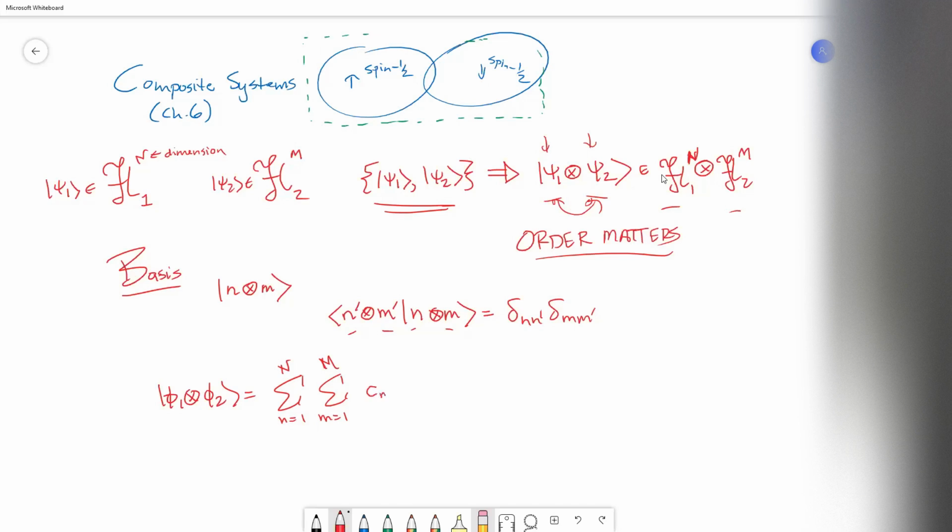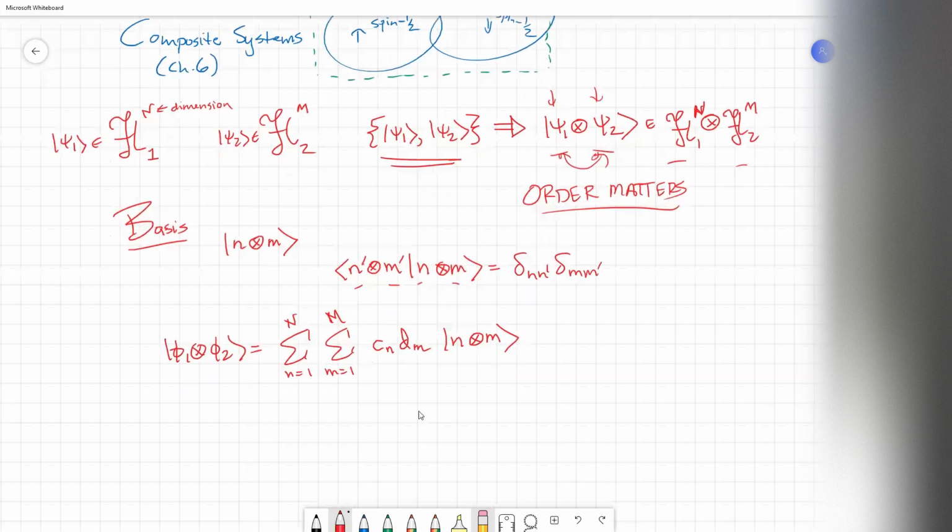So you have Cn complex numbers, Dm, and you'd have it like that. So you could do a basis decomposition. Now you just have to sum over both of the basis sets. And in principle, there'd be a coefficient for each one, like that.